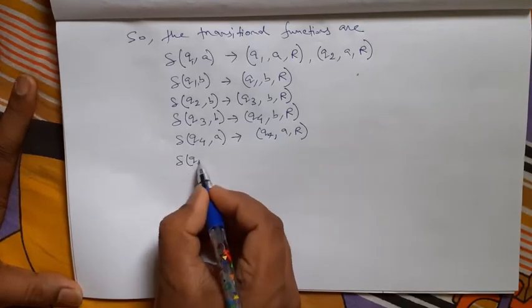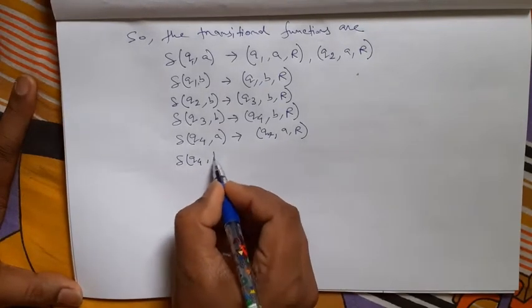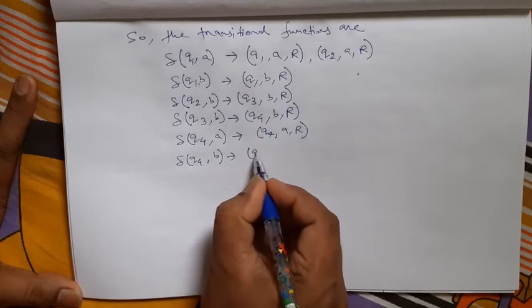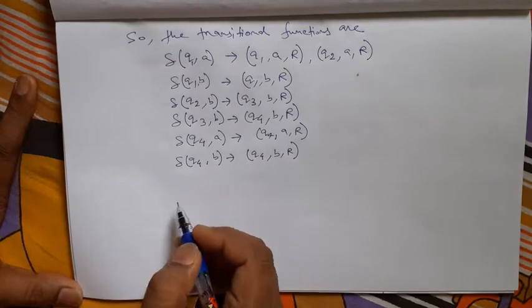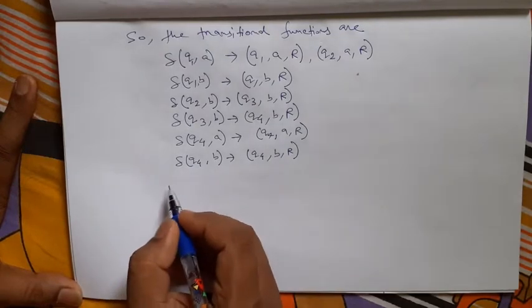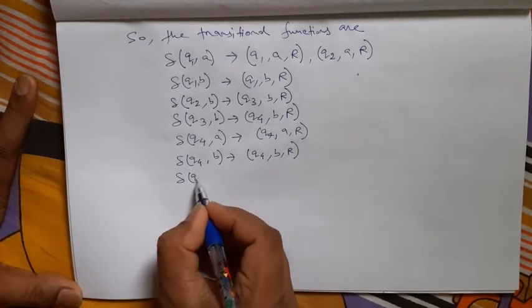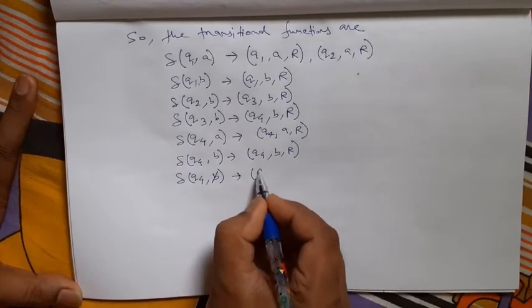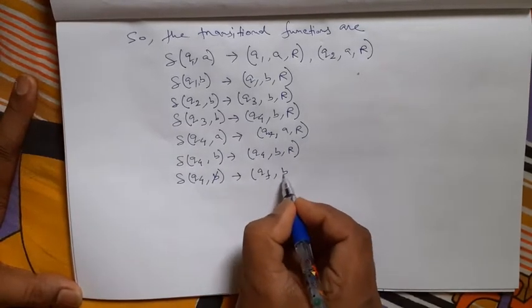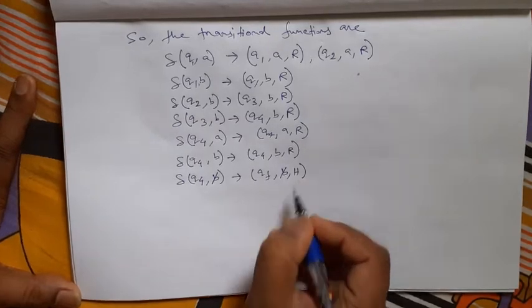Delta of q4 on blank can go to qf, blank symbol blank, and there will be the halt state.